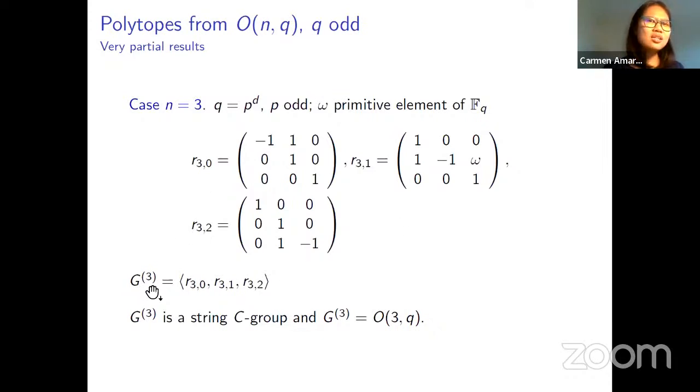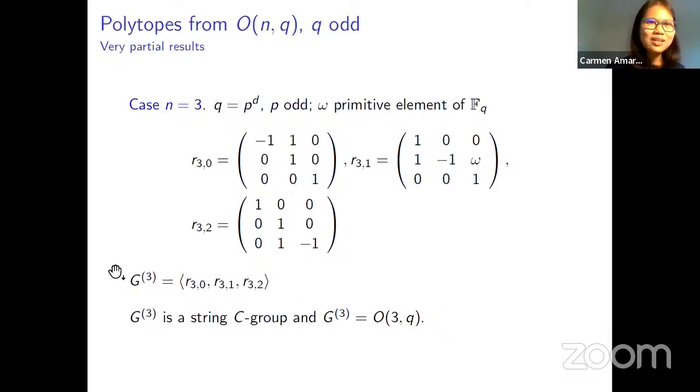Let's take G superscript 3 to be the group generated by these 3 matrices. I will not show the details, but we were able to establish that this group does indeed generate the full orthogonal group of dimension 3 over Fq. And moreover, this group satisfies all of the necessary conditions for a string C group.